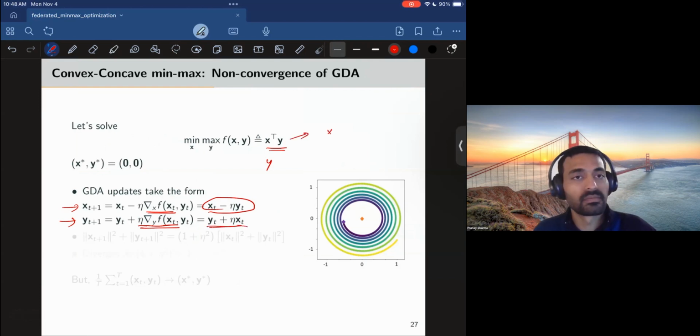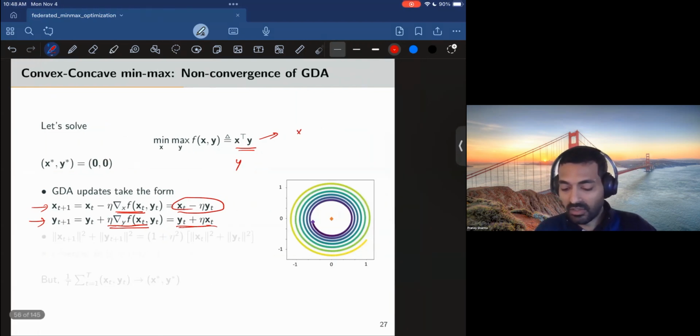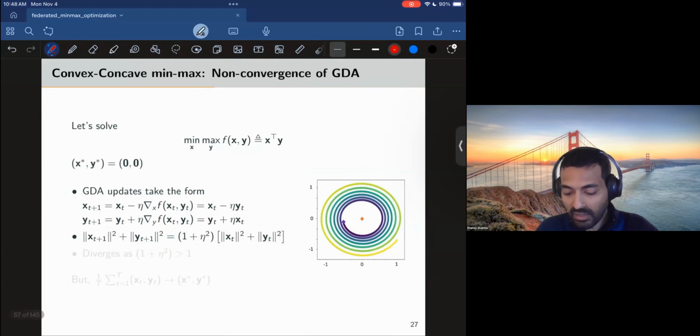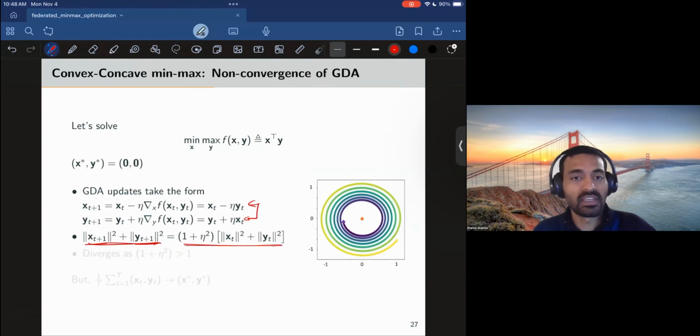So we get this, right? Let's see what is happening with these iterates. If we compute the norm square of x_{t+1} plus the norm square of y_{t+1}, using these two update expressions, it is easy to see that the iterates satisfy this equality, right?